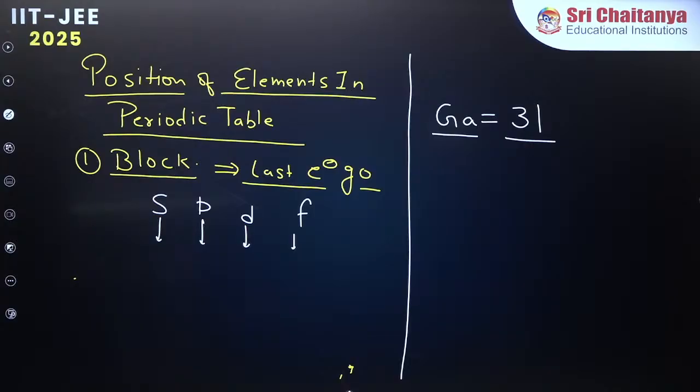Gallium 31. Electronic configuration I want. 4s2 4p1. Very good.